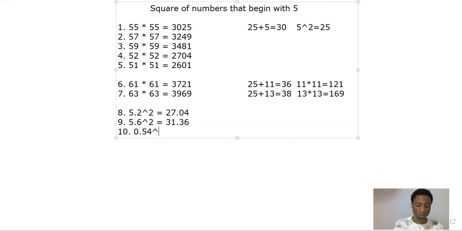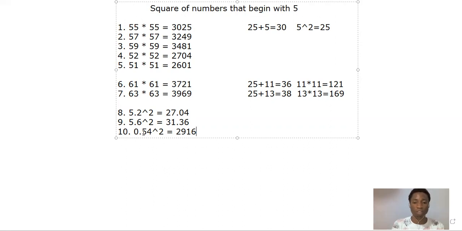So for the last question in this one, let's choose maybe 0.54 squared. So we neglect the decimal point first. So in a way, we're solving 54 squared. So if we add 4, which is at the back of that 5, to 25, we're going to be having 29. And we square the 4, we're going to be having 16. Good. So how many numbers do we have at the back of the decimal point now?